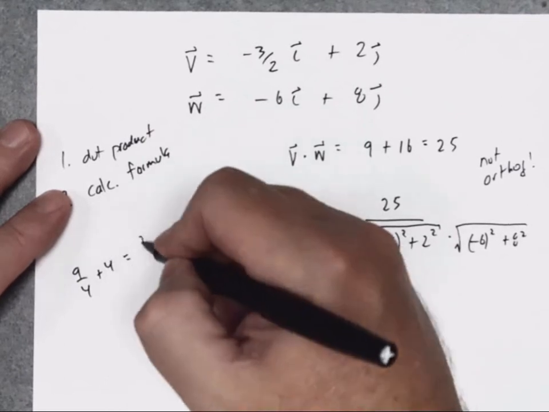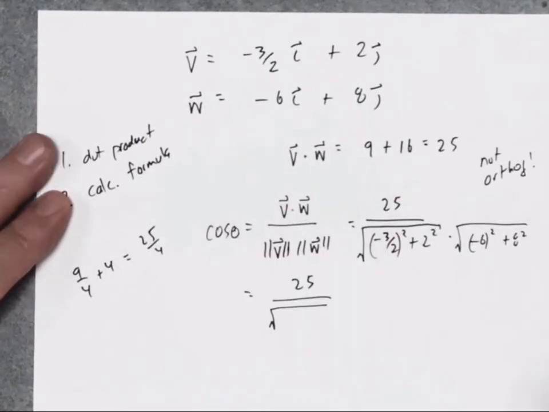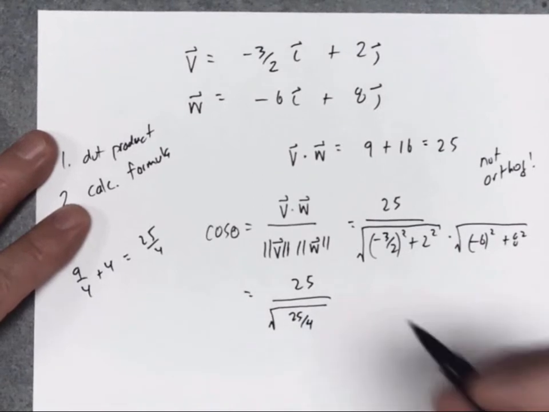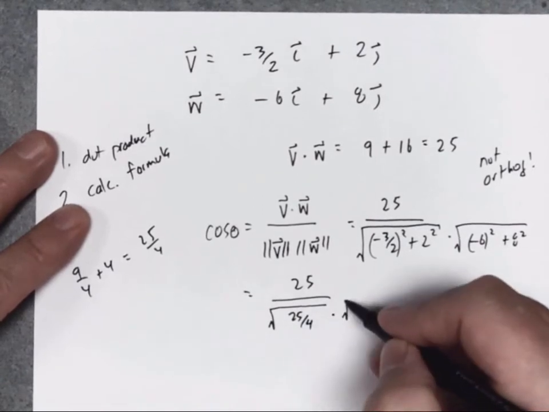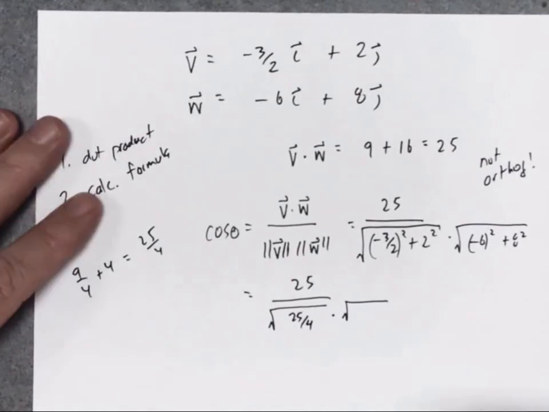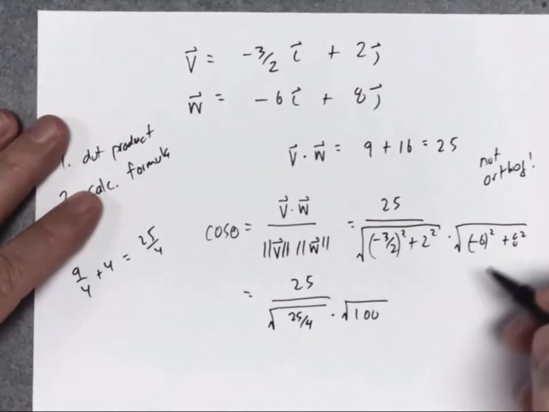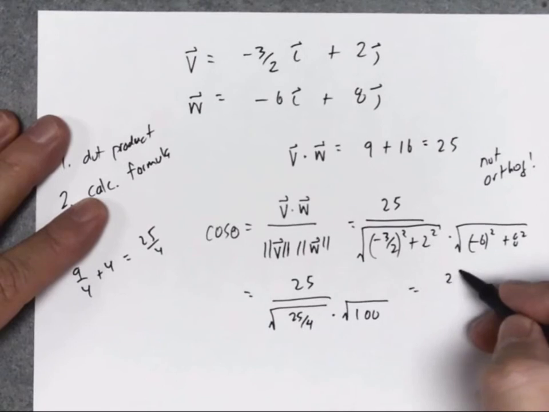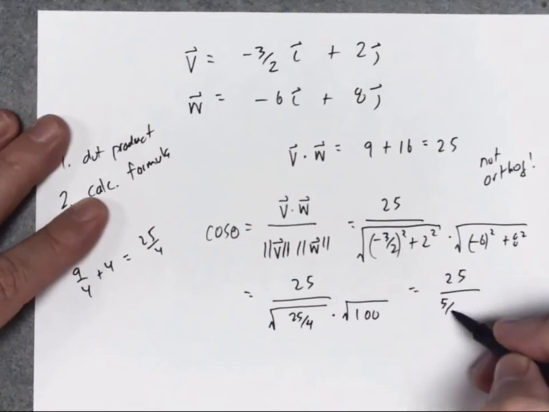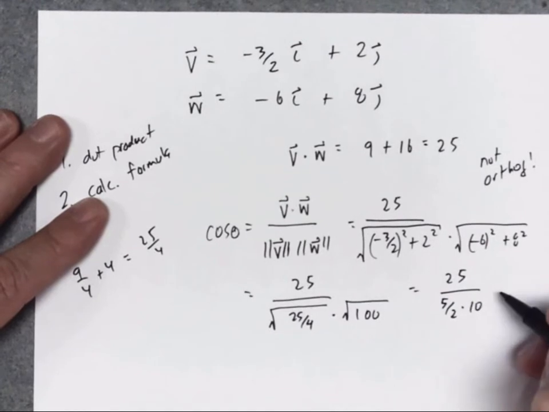It's like 25/4 times 36 plus 64, is that 100? Five halves times 10.